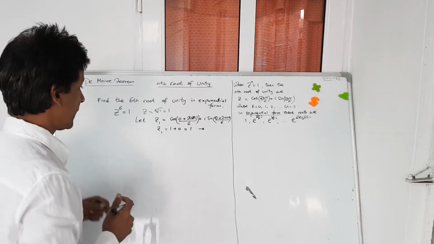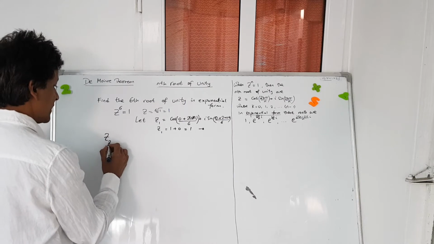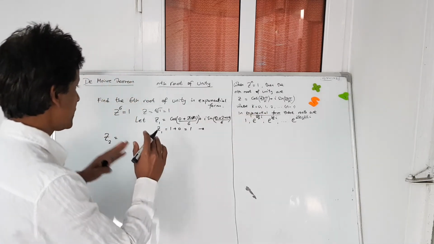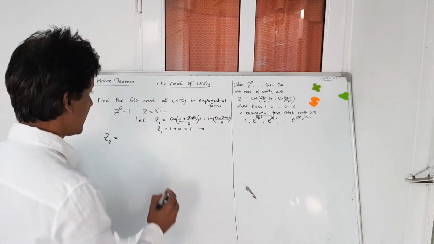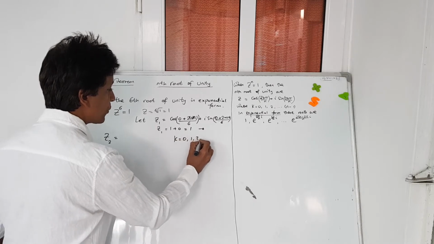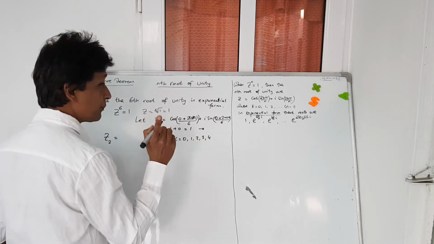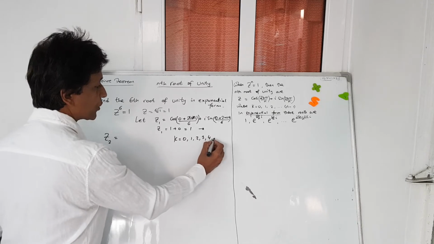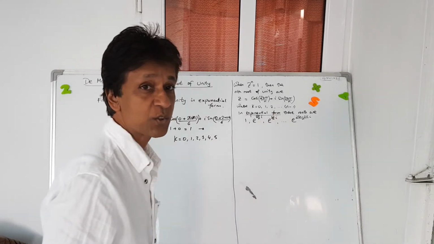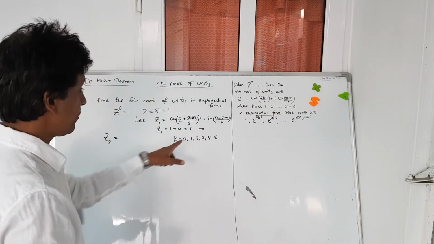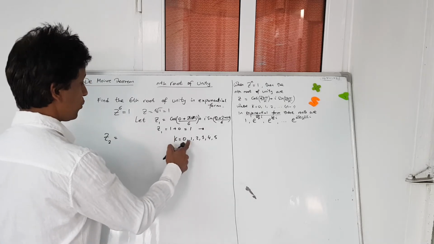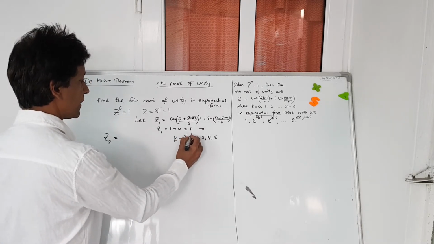Now for the second one, let's move on to z2, where k is going to be equal to 1. First I need to find the values of k. We did say that k is going to be equal to 0, 1, 2, 3 and so on. In this particular case n is 6, therefore the last k has got to be 5. Why? The last root is going to be n minus 1 from the formula. So z2, where k is equal to 1; we've already taken 0, so I'm going to take 1.